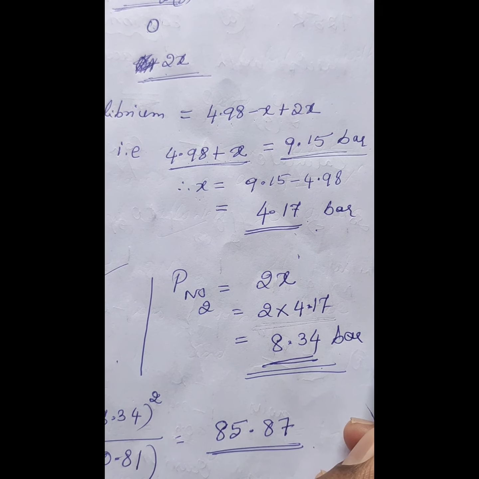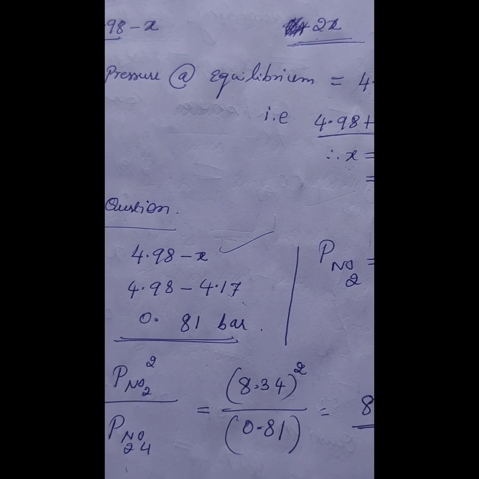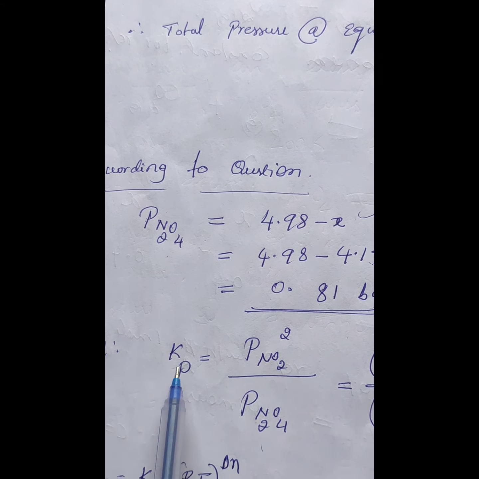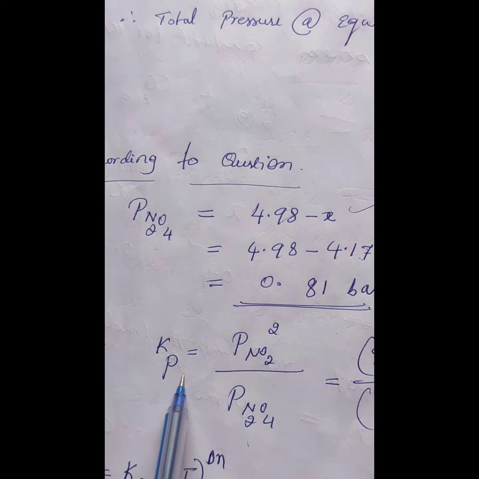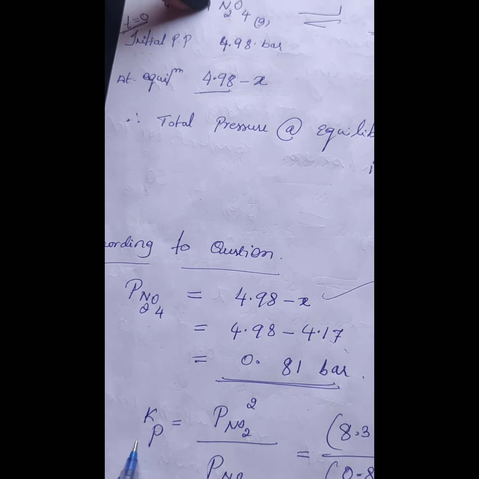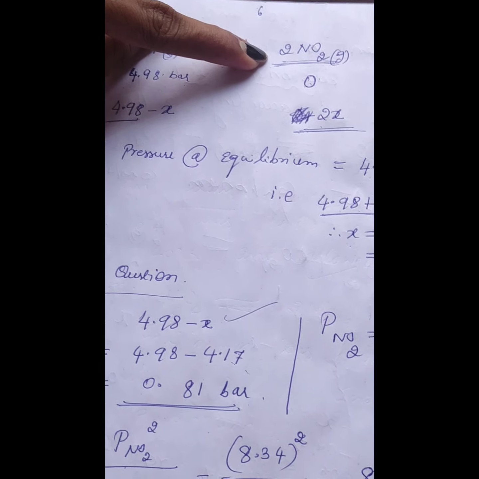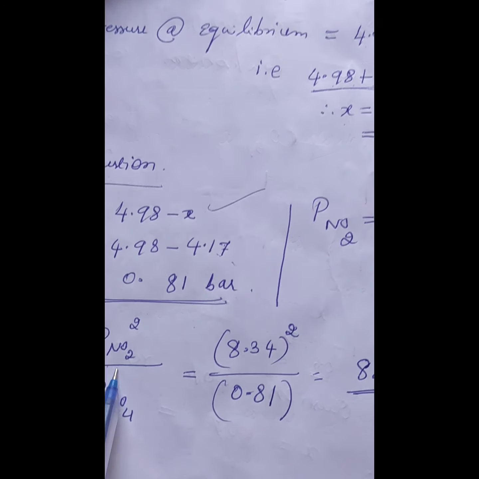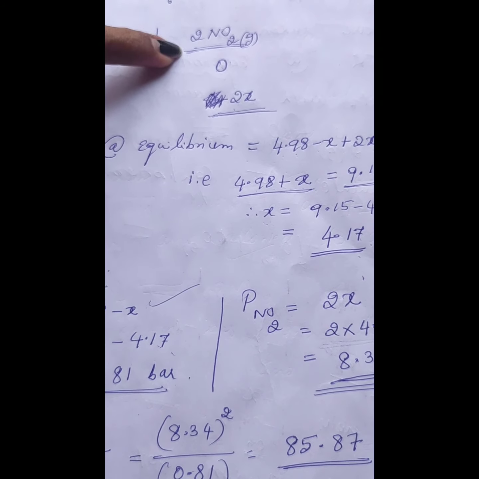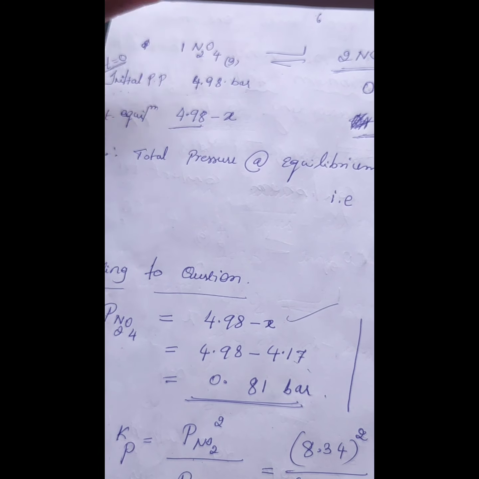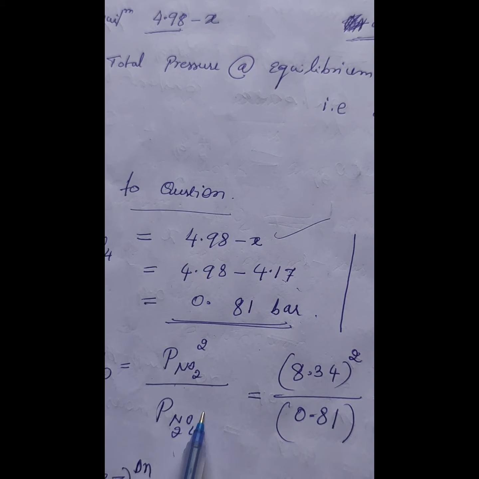And one more thing they have expected is the Kp and Kc values, right? The equilibrium constants. Let us first move on to the Kp value. For this equation, Kp will be equal to the partial pressure of NO2 to the power 2 divided by the partial pressure of N2O4, the denominator I have expressed.